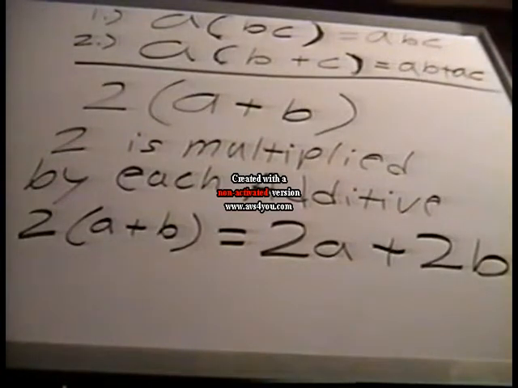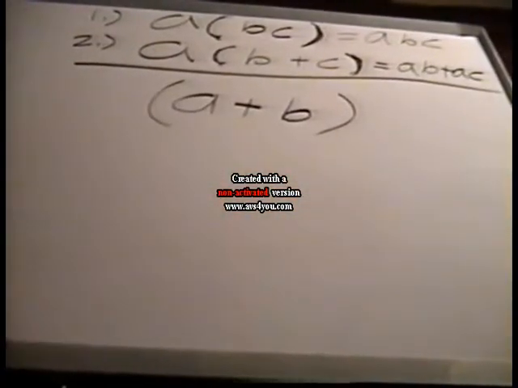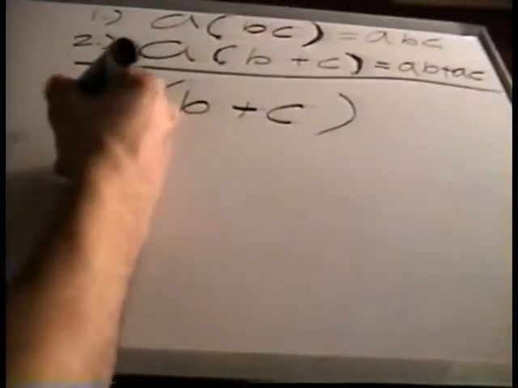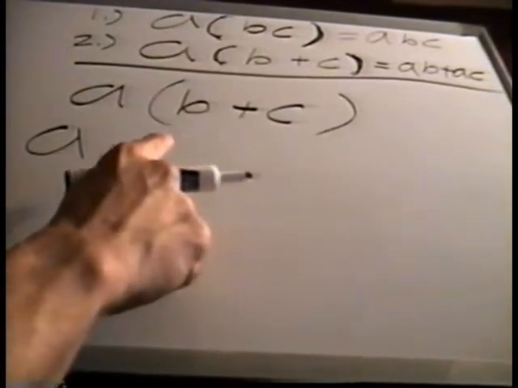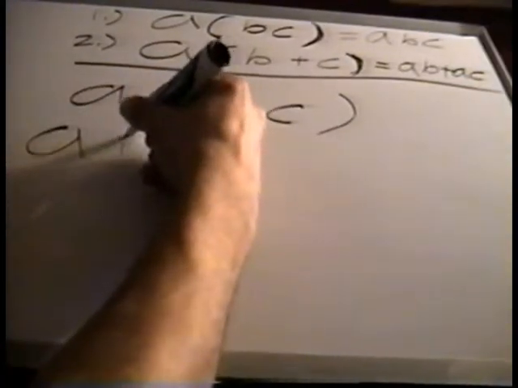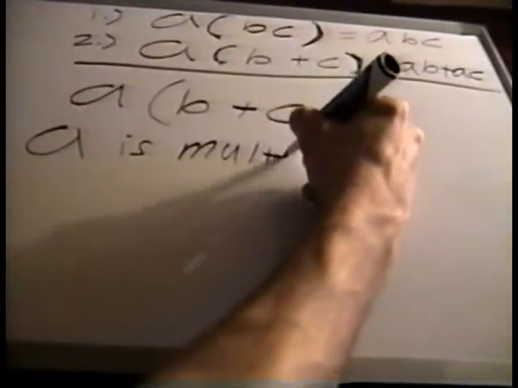Now you notice when you multiply by the product of 2 numbers, it does not come out to AB times AC, and it's also not equal to AB plus AC, as in the case when you're multiplying it into an addition.